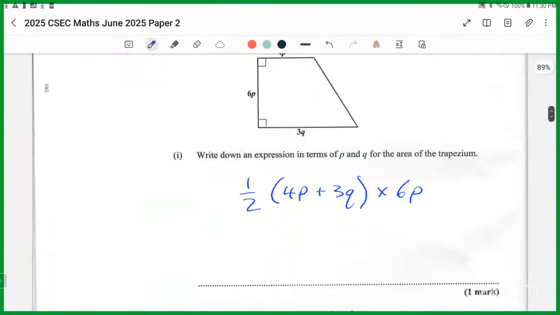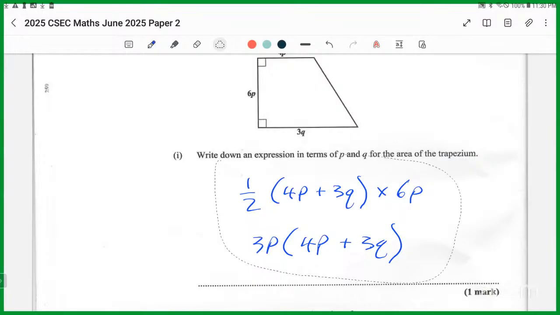That's an expression for the area. And this can be simplified because we're able to multiply this half by this 6 and get 3p. So we get 3p into 4p plus 3q. And this can be further simplified.